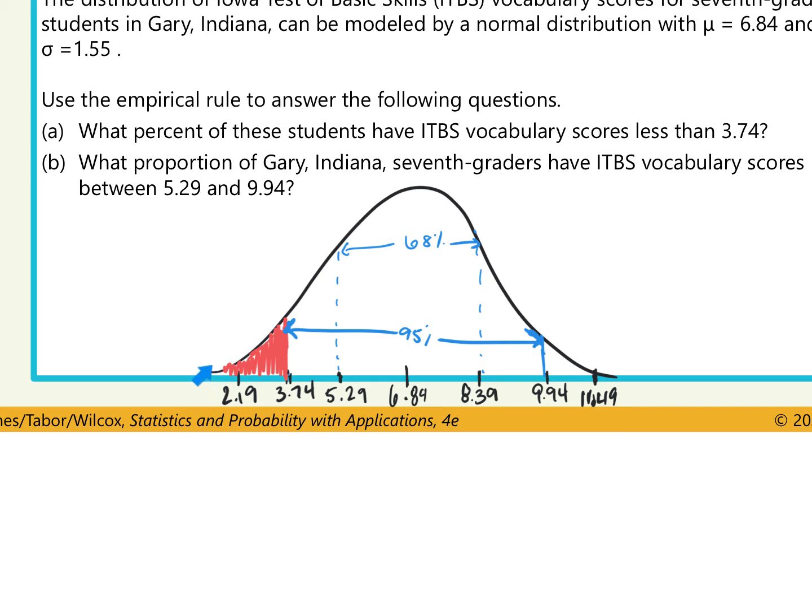The normal model, just like all probability distributions, adds to 1 or 100%. So the entire area equals 1 or 100%.